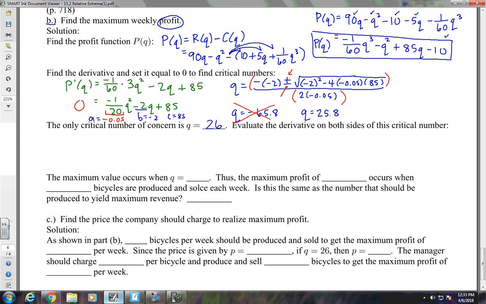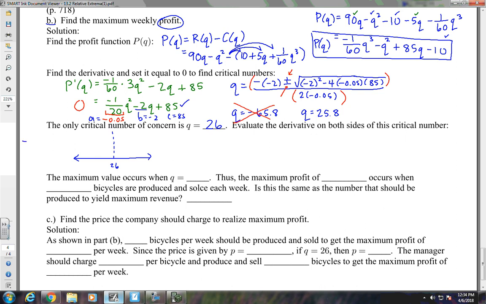Now at this point, I don't know if that maximizes profit or minimizes profit. So I have to check both sides of 26 from my derivative to make that call. So let's put our critical number 26 on the number line. Our derivative was up here somewhere. That's what I want to evaluate.